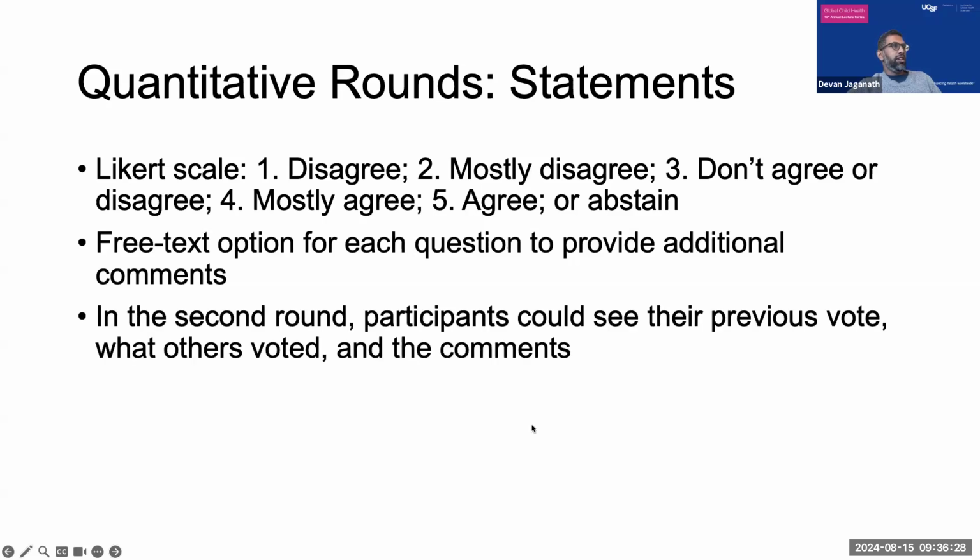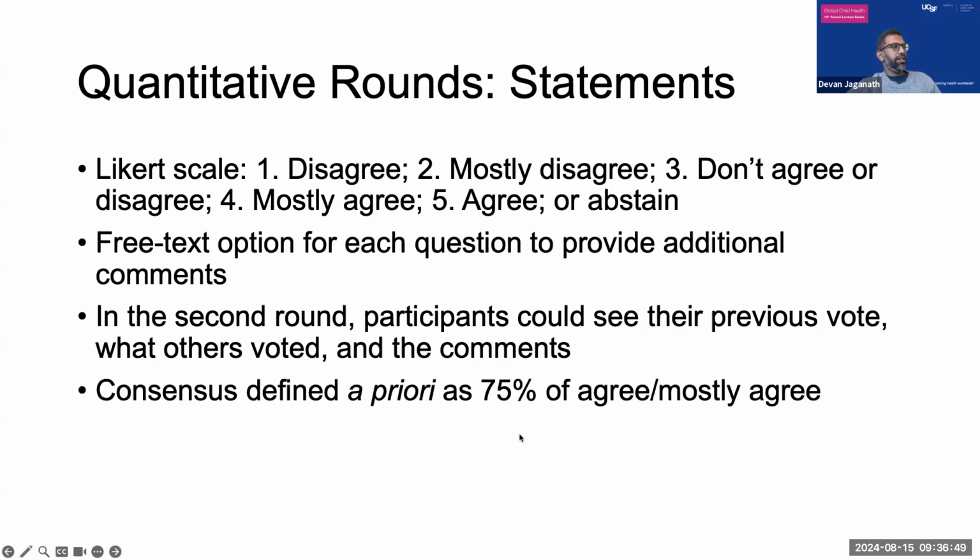And then if we didn't have a consensus, as I'll mention next, they could actually look at what others had written about a given statement anonymously in order to potentially change or adjust their opinion. And so we define consensus as having at least 75% of either agree or mostly agree.